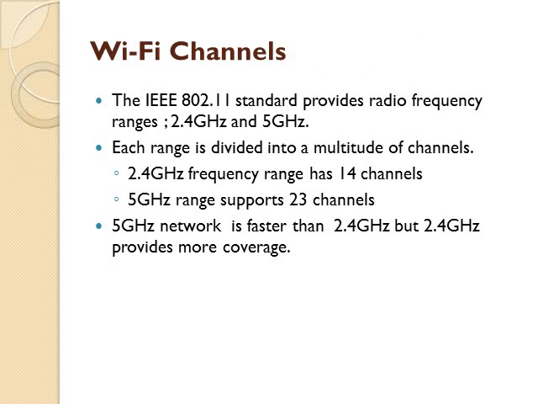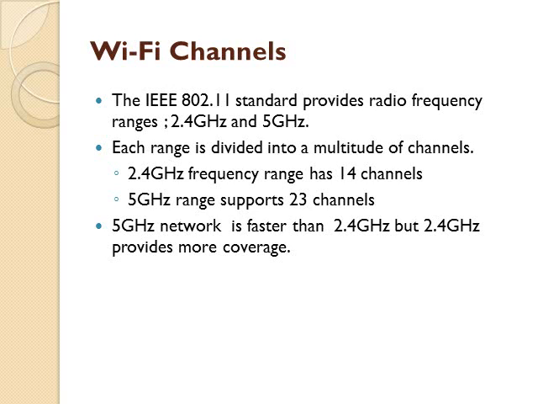Then we move to Wi-Fi channels. The IEEE 802.11 standard provides distinct radio frequency ranges to use for Wi-Fi. There are two ranges: 2.4 gigahertz and 5 gigahertz.